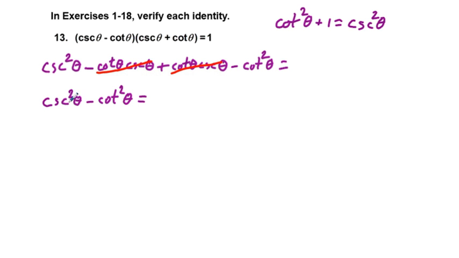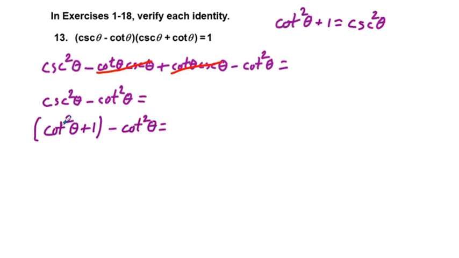So we'll replace this cosecant squared theta with cotangent squared theta plus 1. So what we have left is cotangent squared theta plus 1, and all we've done here is replace this cosecant squared theta, then minus cotangent squared theta.